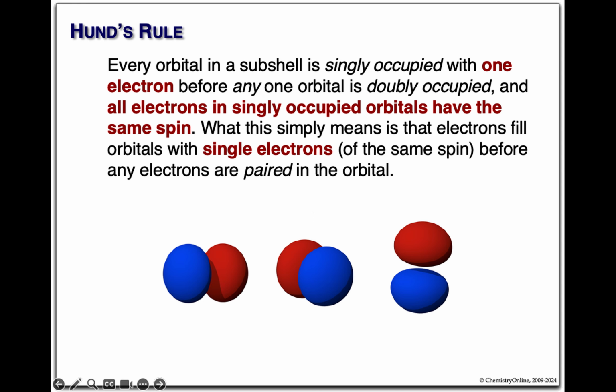The 2p's, we're going to have 1, 2, 3, 4, 5 electrons. They will go in one at a time, up. Then the last 2 will go in paired with opposite spins. Overall, it would look like this. On an exam, you would simply write 1s2, 2s2, 2p5. Any questions?